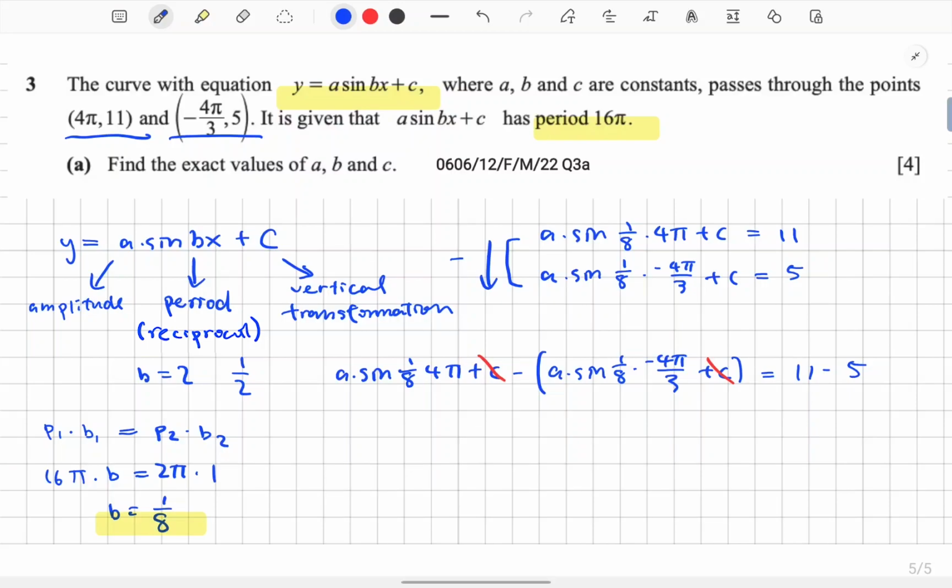We only have a left. 11 minus 5 is 6. We can take out a from the two trig ratios.